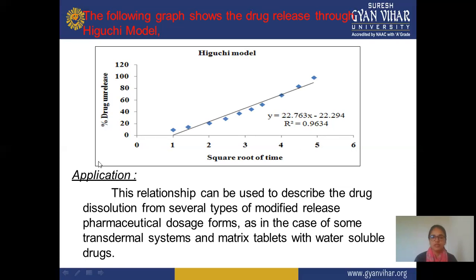As for the application of this Higuchi model, this relationship can be used to describe the drug dissolution from several types of modified release pharmaceutical dosage forms. It describes the dissolution rate of the drug from a tablet, a modified release pharmaceutical dosage form or modified release tablet, as in the case of some transdermal systems and matrix tablets with water soluble drug. These are also studied with the help of the Higuchi model.